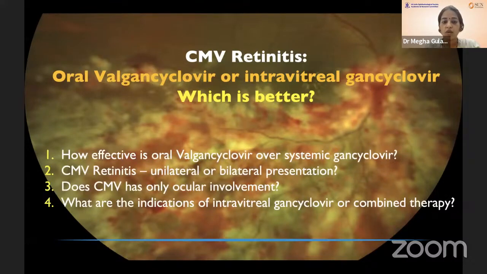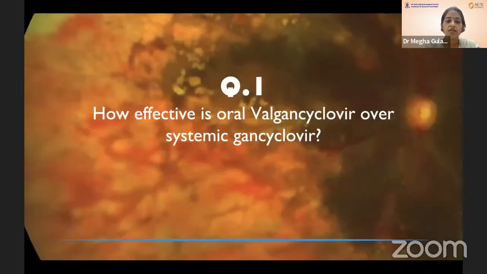How effective is oral valganciclovir compared with intravenous ganciclovir? Is CMV retinitis a unilateral or bilateral presentation? Does CMV have only ocular involvement? And what are the indications of intravitreal ganciclovir or the combined therapy? Let's start with the first question.